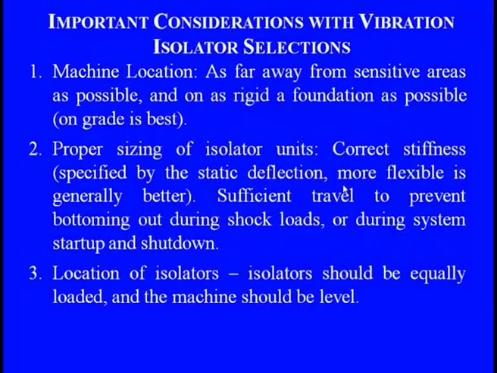Second, proper sizing of the isolator units. It's not that we can apply any kind of mass or damping, whether it is under damped or over damped, or any kind of spring, where instead of absorbing, it is creating more fluctuations. So proper sizing of the isolator is one of the important criteria.